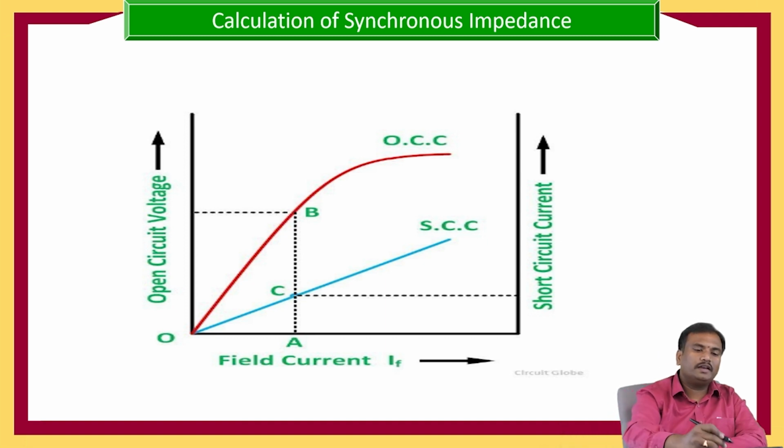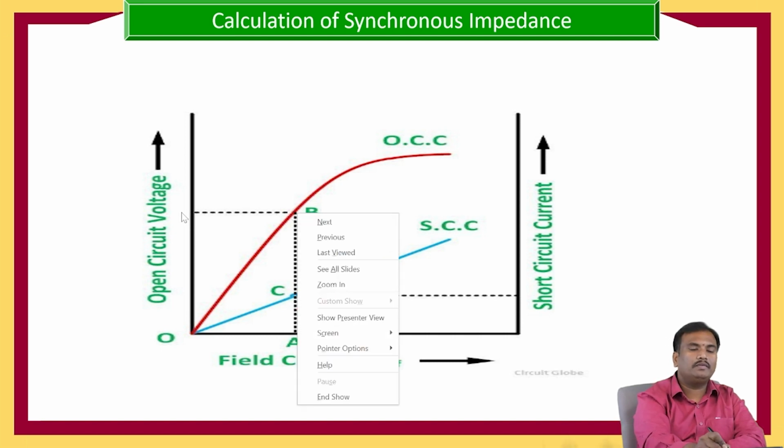Here this is the open circuit voltage we are drawing, and this is the short circuit current, and here is the field current we are taking. This is the short circuit characteristic and this is the open circuit characteristic that we are going to get, and we take the point at the rated voltage.